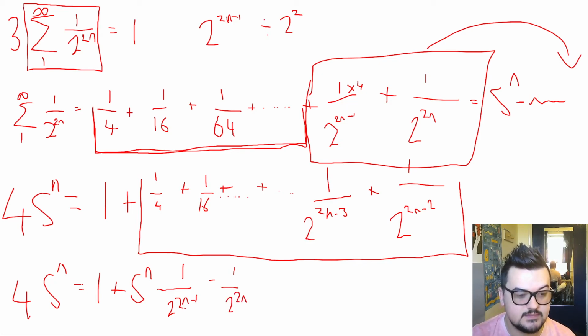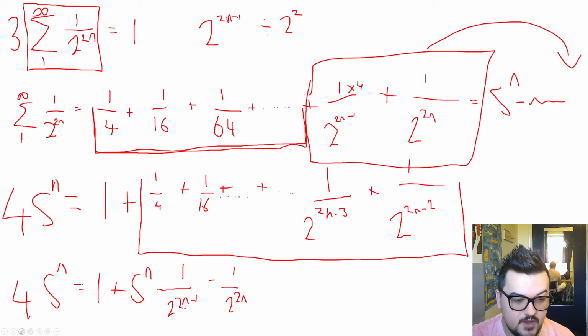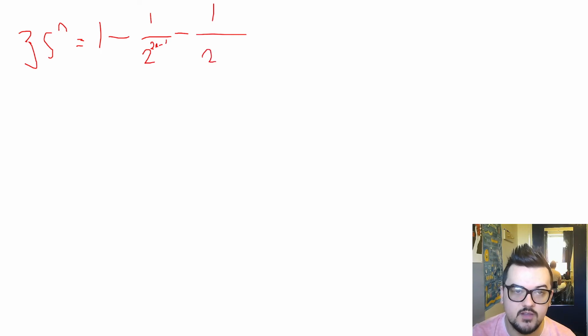We go to our next slide, just so we've got a bit more space, and we tidy that up. We're going to bring this Sn over to this side, so we are going to have 3 Sn equals 1 minus 1 over 2 to the 2n minus 1 minus 1 over 2 to the 2n.